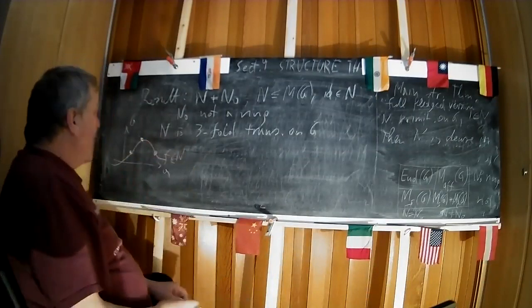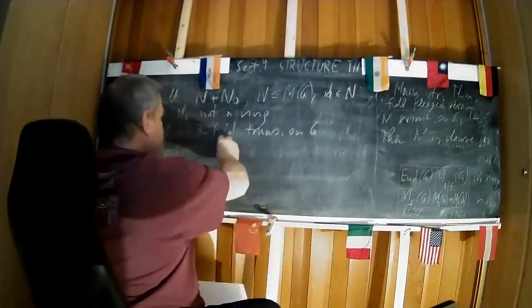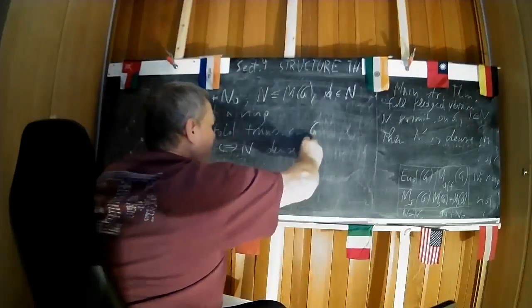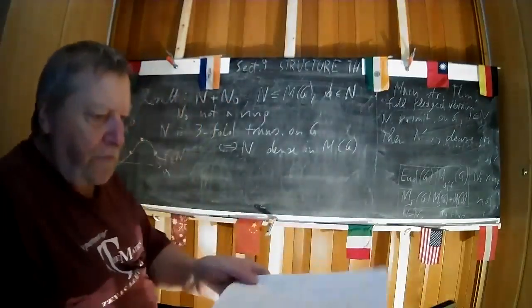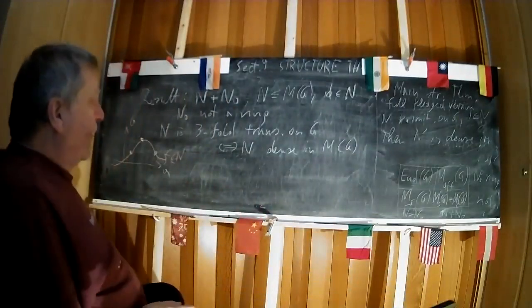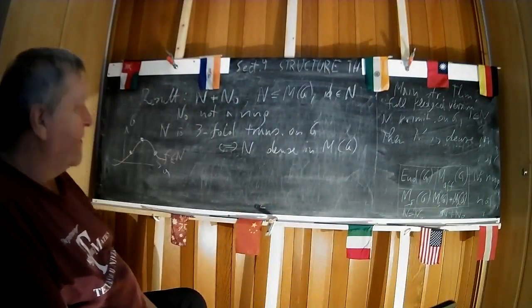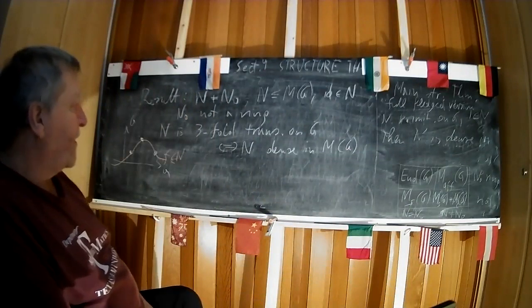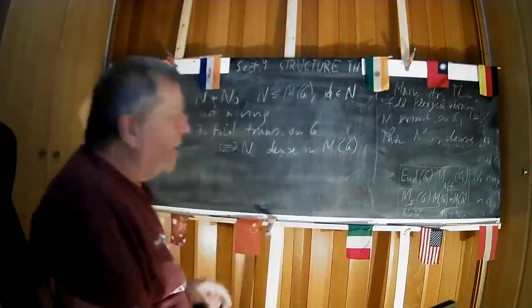So if this happens, then this is equivalent to saying that N is tense in M of G. Why? Because if N is threefold transitive, one can prove that this group phi of NG we had was trivial, consists of only the identity, and we have the identity there.